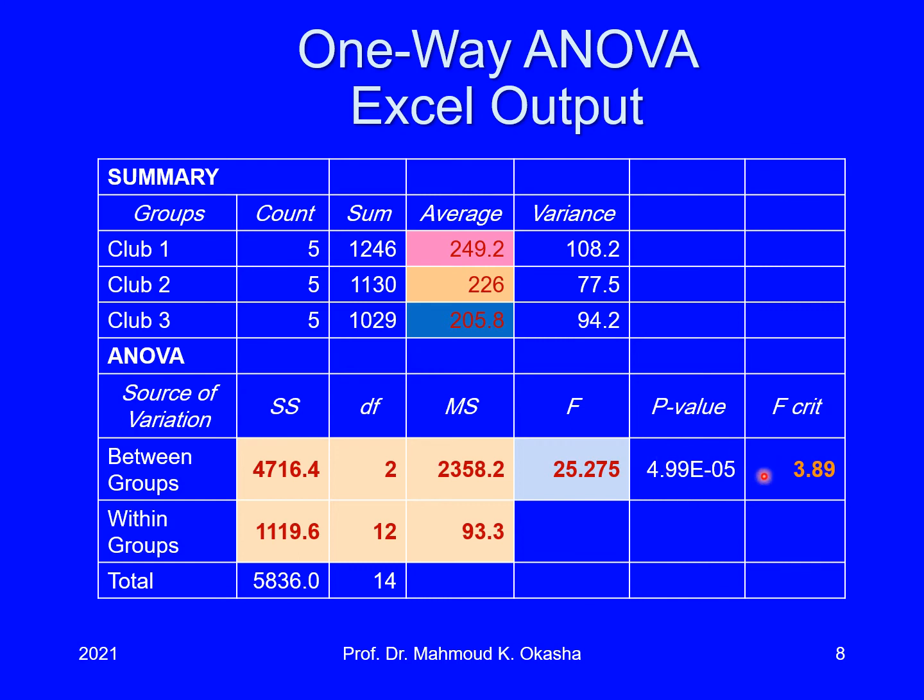So this value is read as 0.0000499. Right? Four zeros, then 499. That's the value, which is very small. According to that, also, we must reject the null hypothesis, and the decision will be that at least one population mean is different, right?